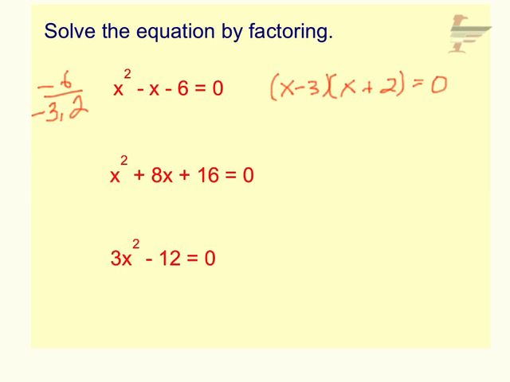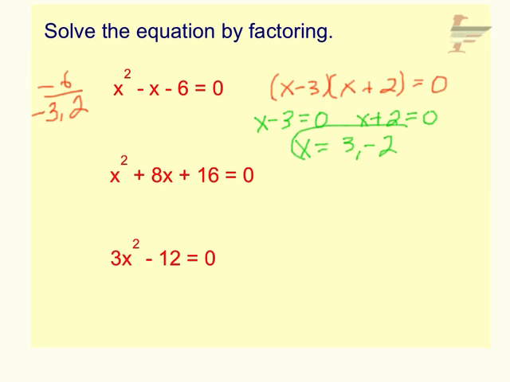Now that it's an equation, we factor it, and the zero product property tells us that if you're multiplying x minus 3 times x plus 2 and getting 0 as an answer, then either x minus 3 equals 0 or x plus 2 equals 0. So we set them both equal to 0 and solve them both for x, and we get 3 and negative 2.